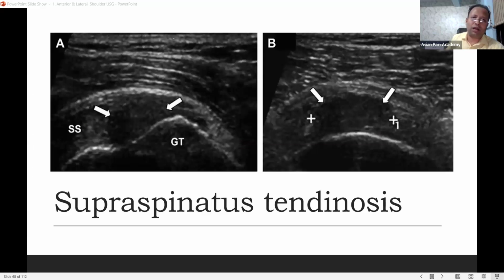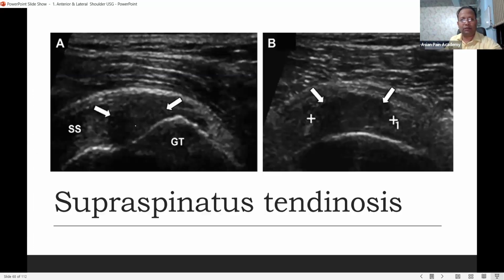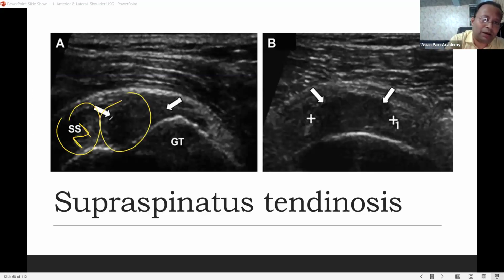So with tendinosis, what will happen? The hyperechoic nature: this part is normal, but this part is abnormal. So this hyperechoic area will become hypoechoic.